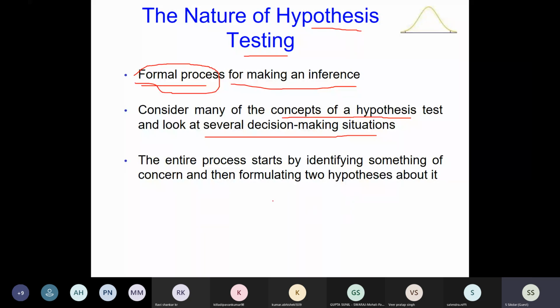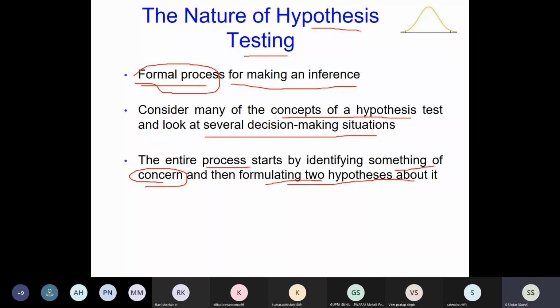Okay, so basically, you have to look into a process, and then you concentrate on some particular thing of concern, and then you formulate two hypotheses. And as I described in the earlier class, one would be just the opposite of the other.